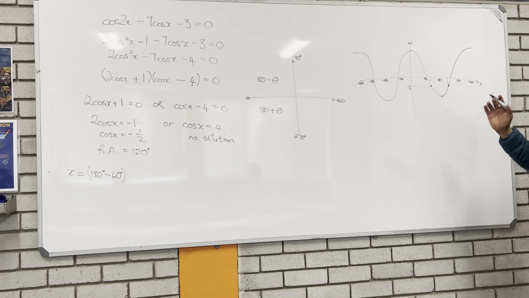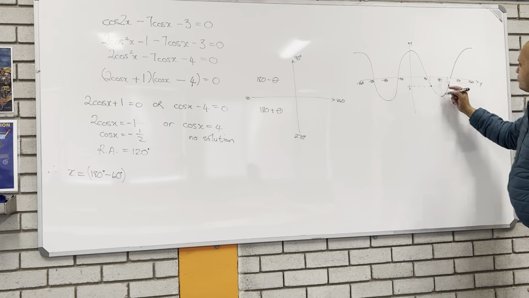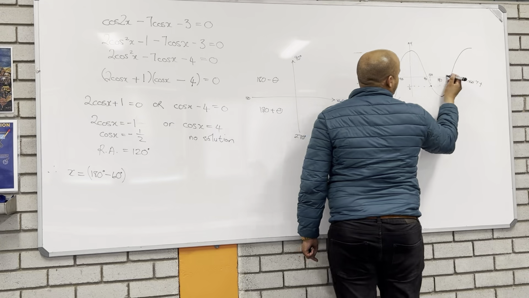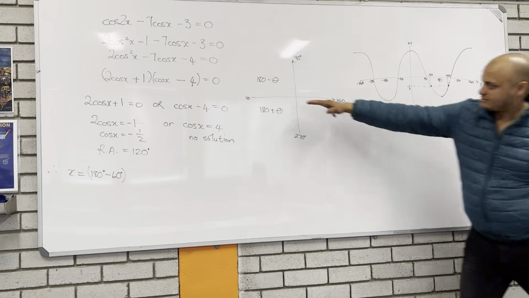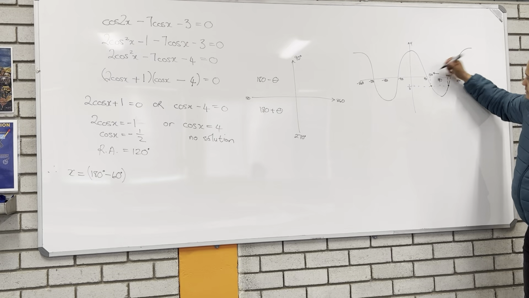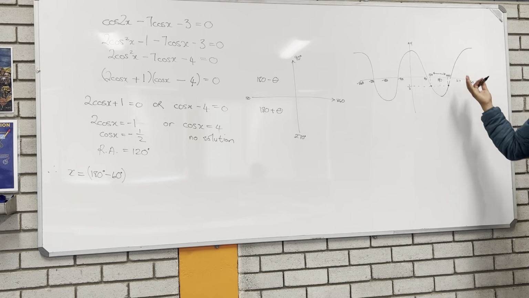Are we together? But what I'm saying is, because of the symmetry between 180 and my 120 and 240, I know that the distance from 180 will be 180 minus my theta, which is 60, and 180 plus my theta, which is also 60.